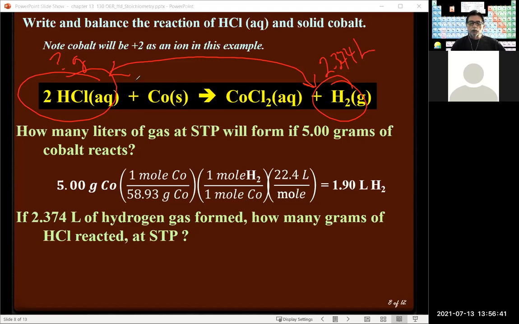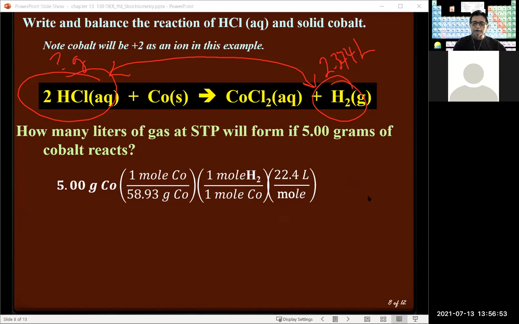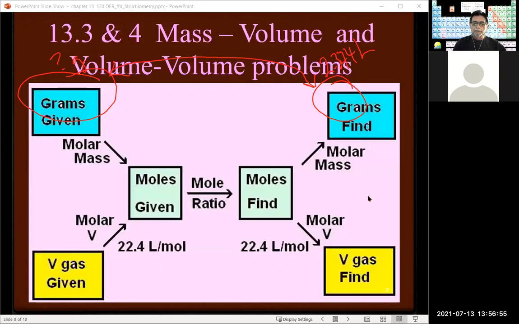And so where we did on the flow chart, we went from the top left to the bottom right. It sure looks like we're reversing that, right? We're starting backwards in the flow chart. Remember in the flow chart, we went from the first question, we went from grams given all the way to volume find. All right. Now you're going to go from volume given to grams find.